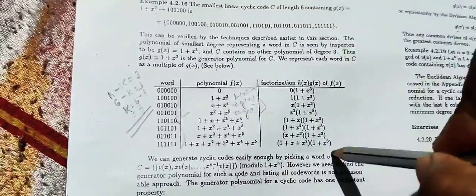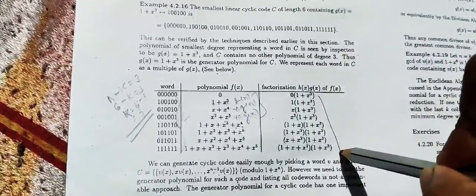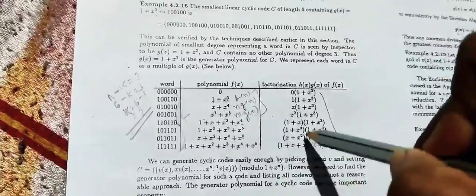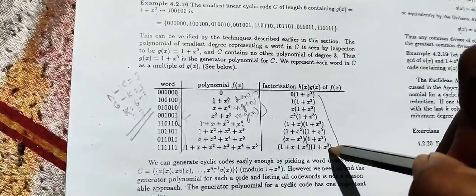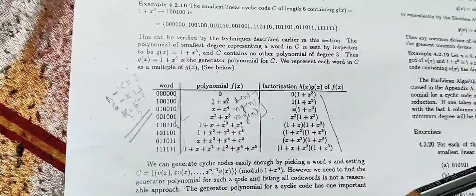I think these are the code words in C. So this is the smallest code word, smallest linear code which is generated by the polynomial g of x. And also each polynomial is a multiple of g of x. Here each one is a multiple of 1 plus x cube. So we get. Okay, so this is the example.